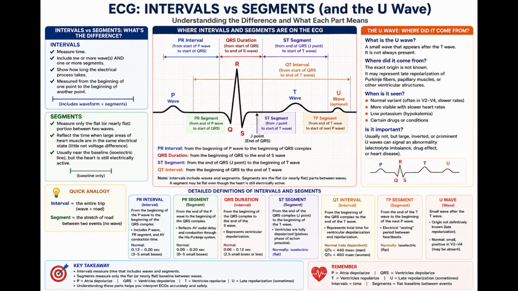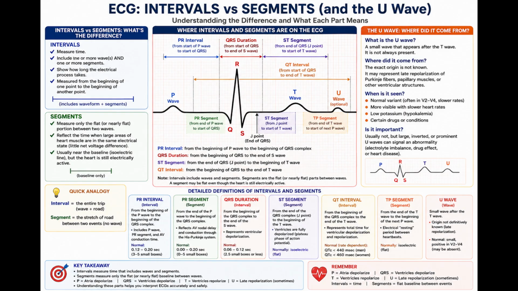The QT interval. The QT interval begins with the first deflection of the QRS complex and ends when the T wave returns to the baseline. It includes the QRS complex, the ST segment, and the T wave. The QT interval therefore represents the total time required for ventricular depolarization and repolarization.